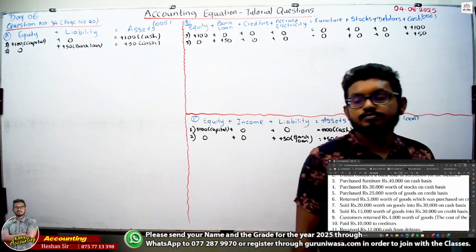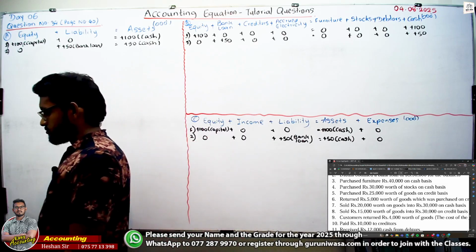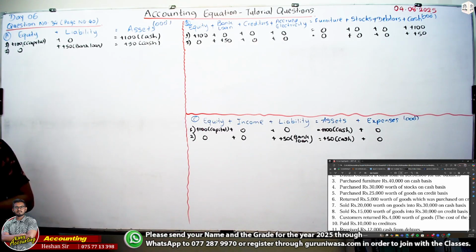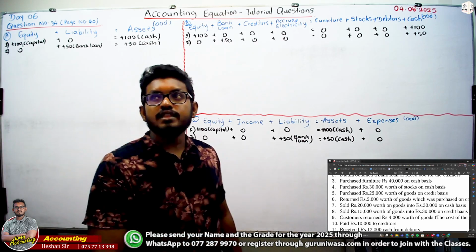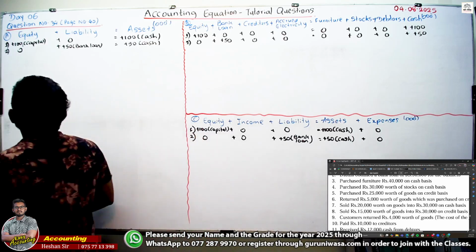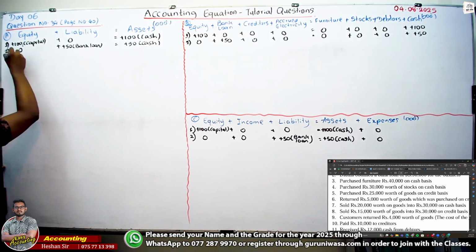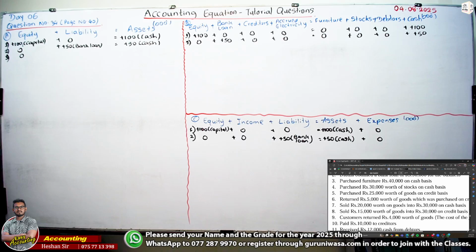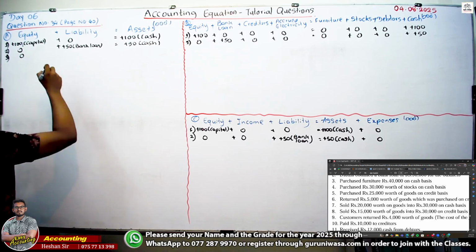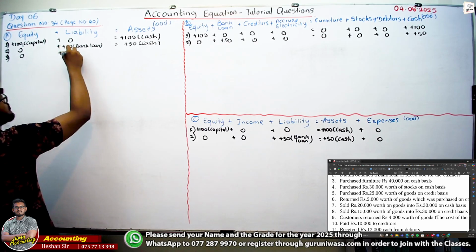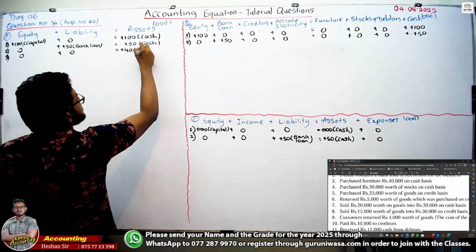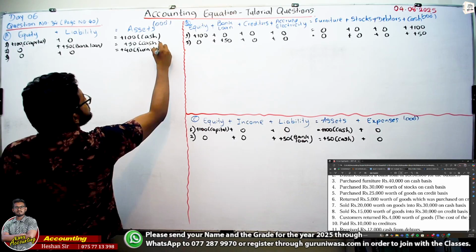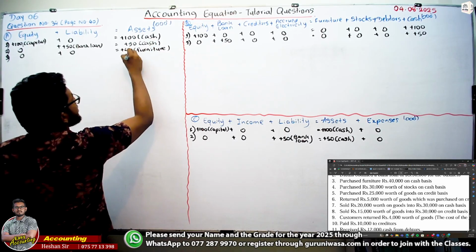Next one, number three. Purchase furniture 40,000 on cash basis. When we purchase furniture on cash basis, 40,000 furniture asset increases and 40,000 cash asset decreases.